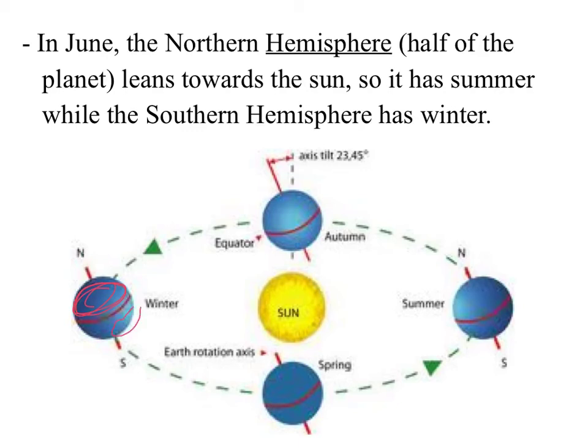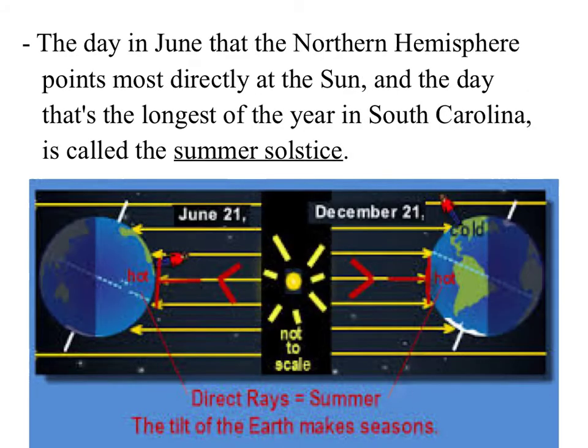The Southern Hemisphere has summer because it's more exposed to the sun. Now over here on this graphic, it's like we're looking at the Earth and the sun from the opposite direction. So over here on the left, the Northern Hemisphere is getting much more of the sun's rays, something to keep in mind.